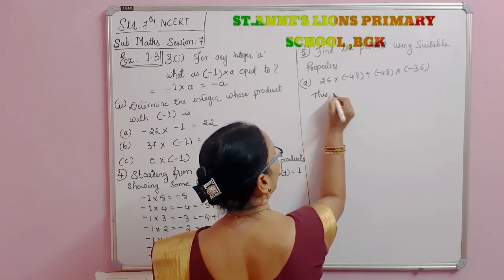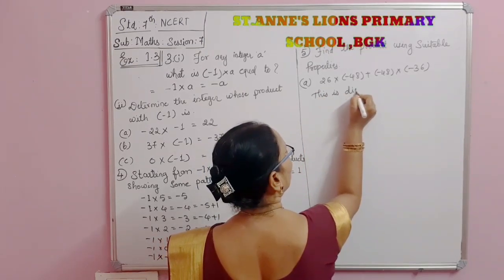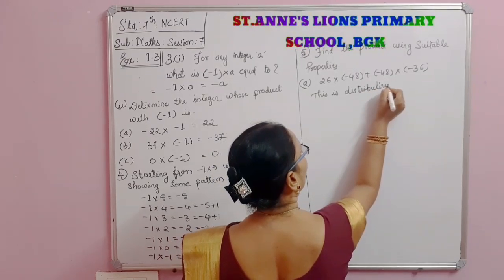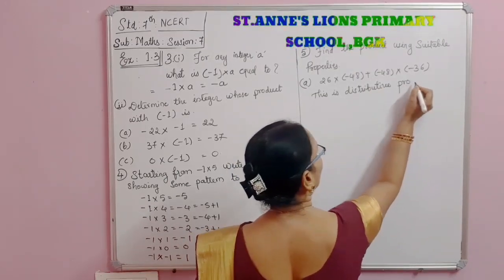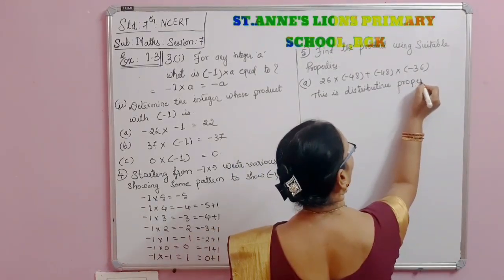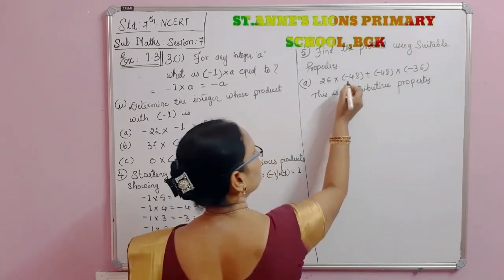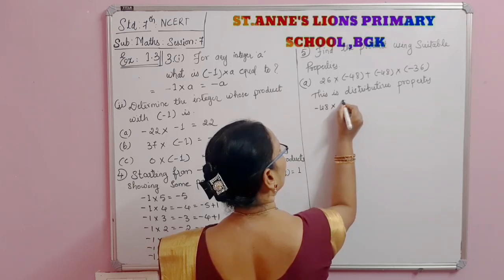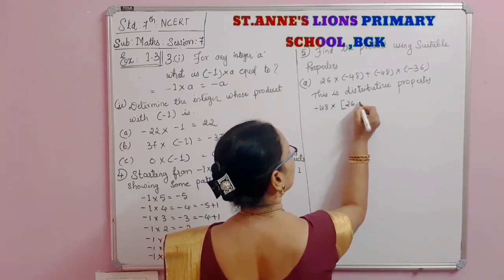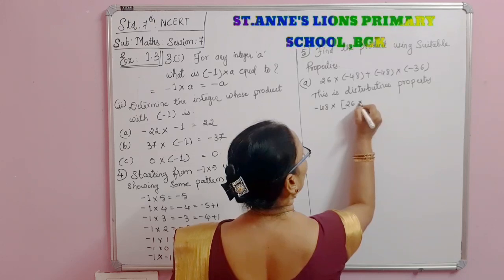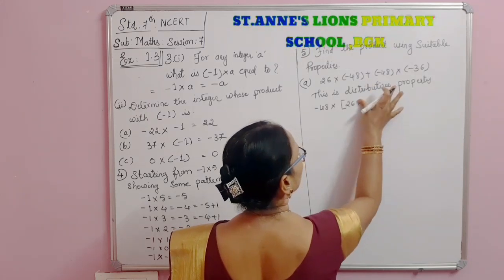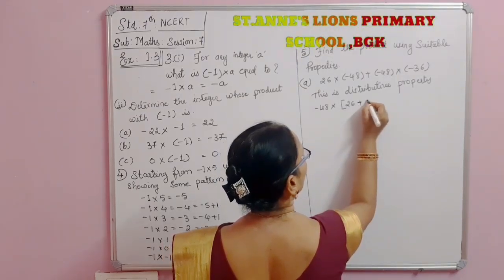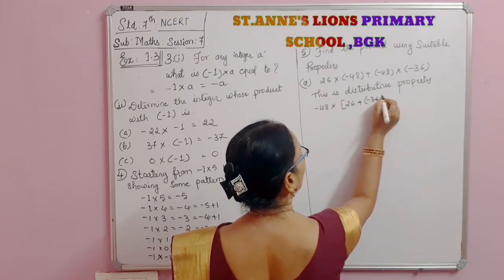You can write here, distributive property. Here, see, minus 48 is taken out, in the bracket we can write 26 plus minus 36.